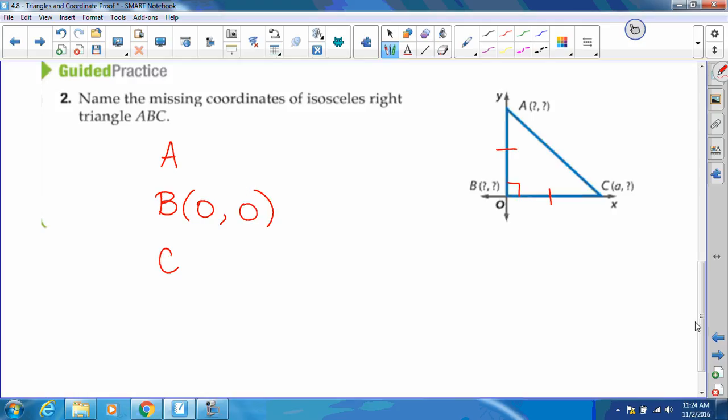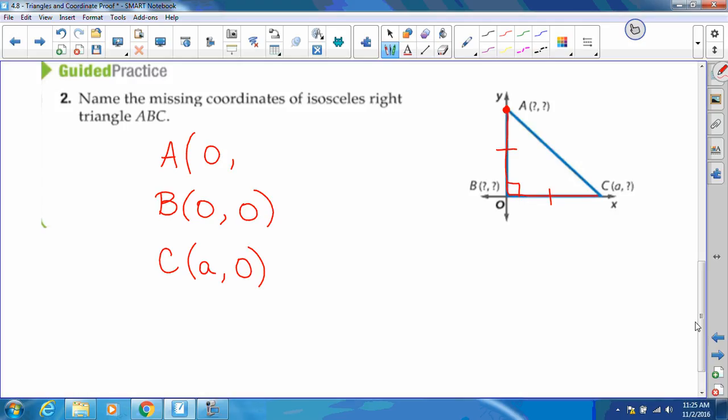Now C, if you notice, C already has one coordinate in there. It tells us that our x value is A. It's sitting on the x-axis, so that makes our y coordinate 0. Now, point A is on the y-axis. So remember, if you're on the y-axis, you don't go left to right, so your x coordinate is 0. Now, here's the deal. Because these two sides are equal, they have to sit the same distance away from 0.